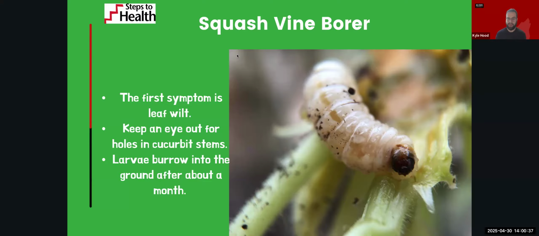And they might bounce back, but then they'll eventually die pretty quickly. If you see that, you might want to check the stems of your plant. And their damage is very obvious. I'll show you a picture of what squash vine borer damage looks like here in a minute, but it's unmistakable when you see it and learn what it looks like.